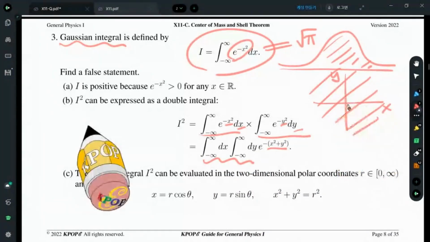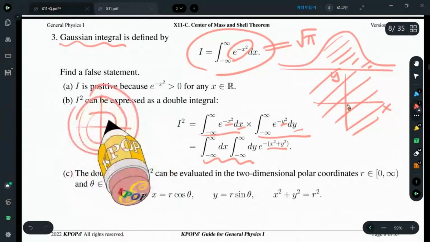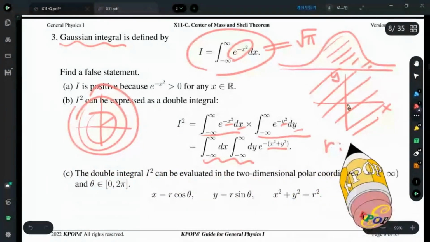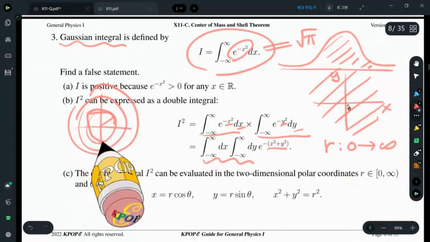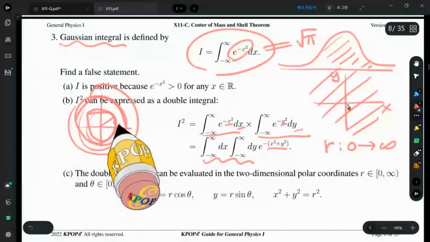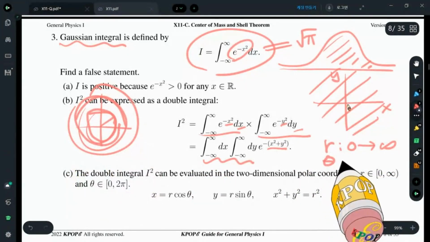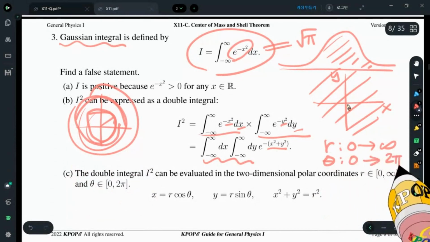However, I can rewrite this one into polar coordinates. In polar coordinates, the radius r runs from 0 to infinity, and the polar angle, actually this is the azimuthal angle, runs from 0 to 2 pi.